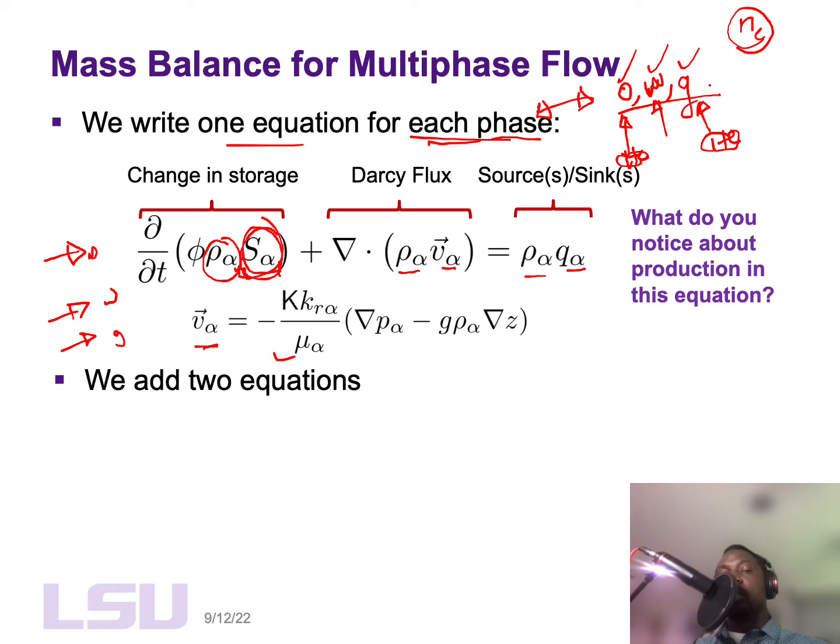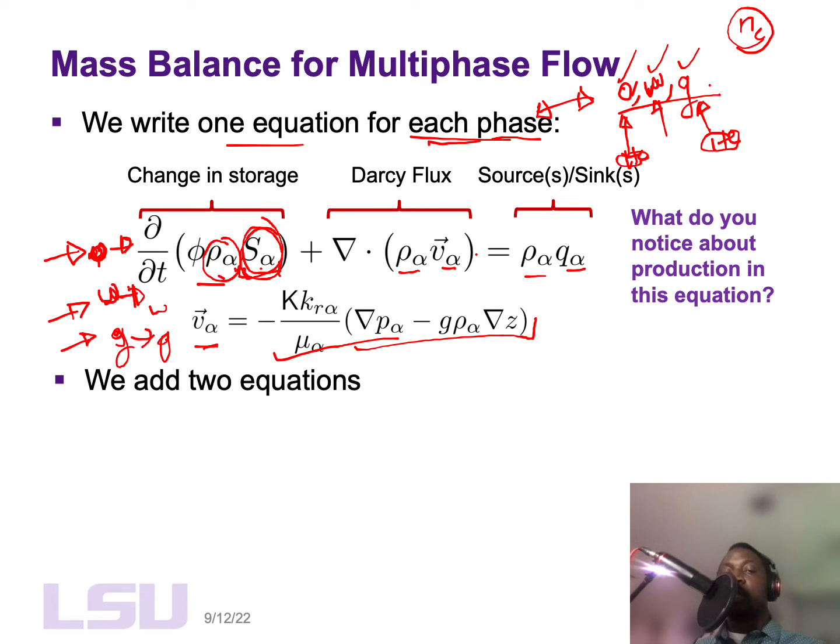This is the expression for the multi-phase flow Darcy equation, basically. And then for the oil equation, alpha will be oil, and then you get one equation. For the water phase or the water pseudo component, you have the same equation but with subscripts W. For the gas pseudo component, you have the same equation with subscript G in place of alpha.